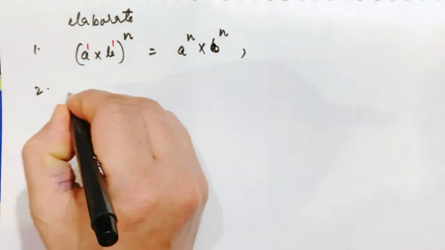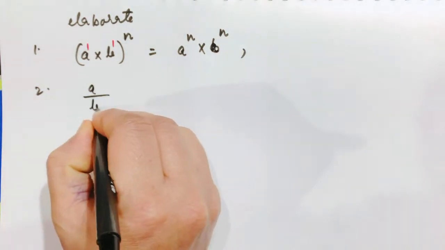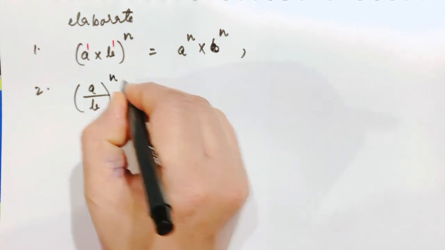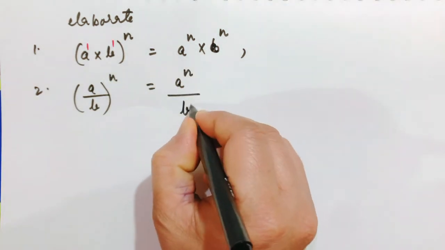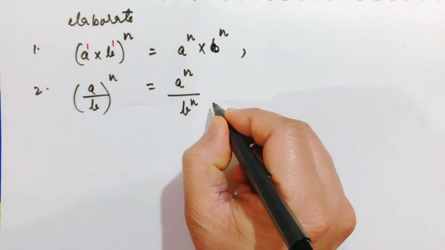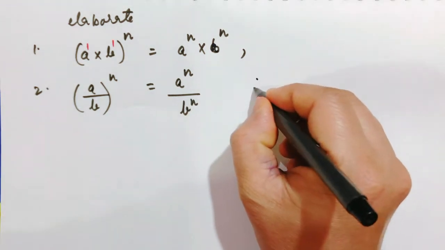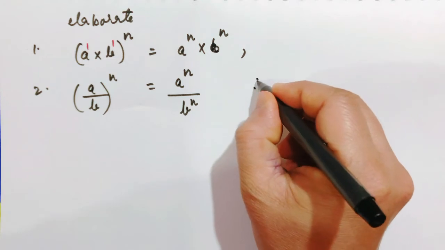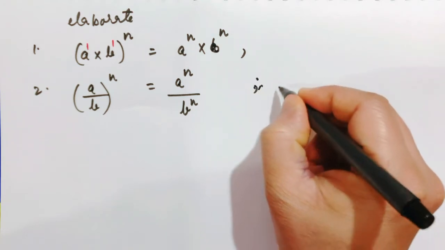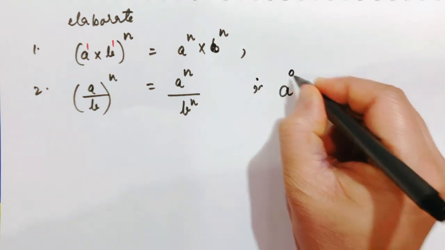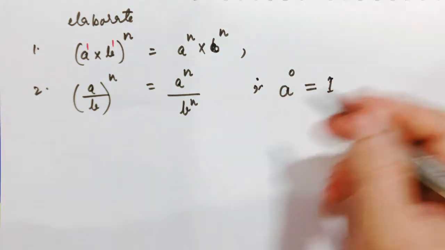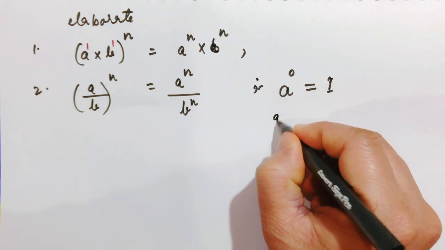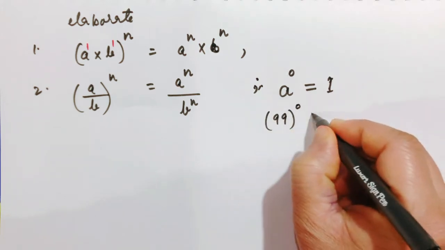उसी तरह सिमिलरली हियर इफ यू हैव a by b whole to the power n, इसका मतलब a to the power n by b to the power n, ठीक है. Also one very important formula is a to the power 0 is equal to 1, मतलब a is anything. For example, 99 to the power 0 is equal to 1.